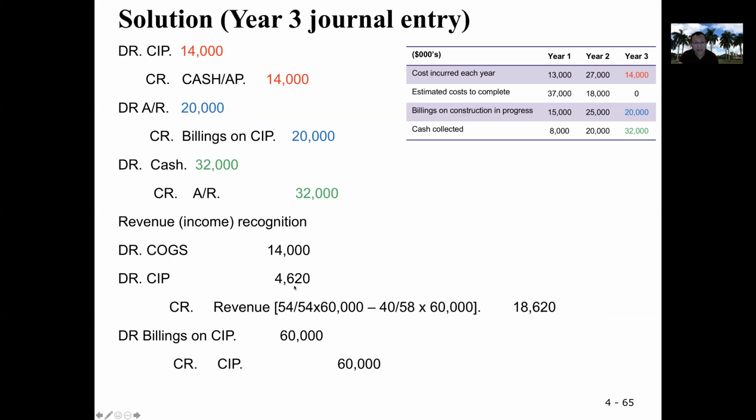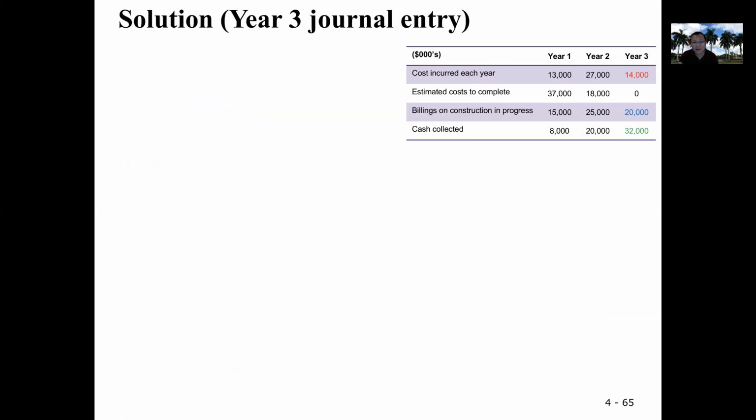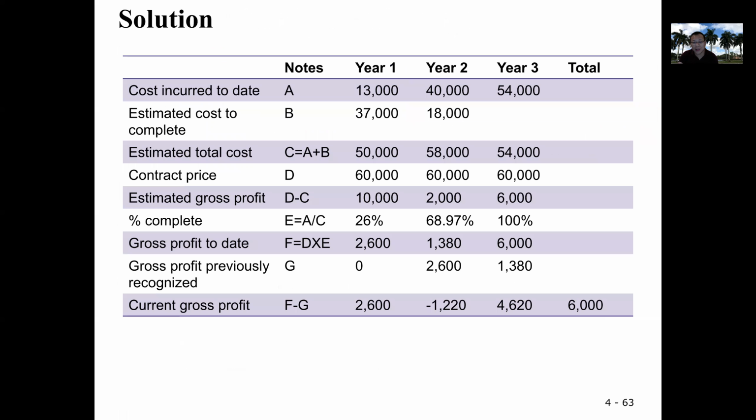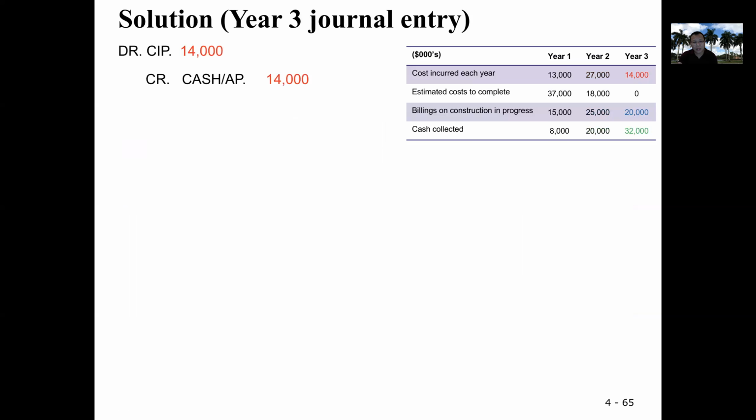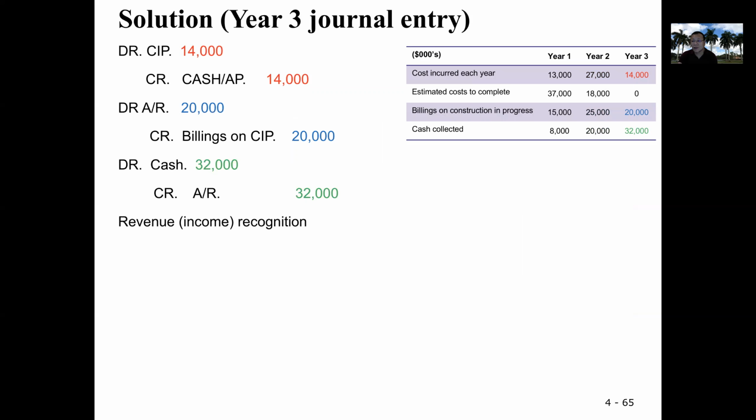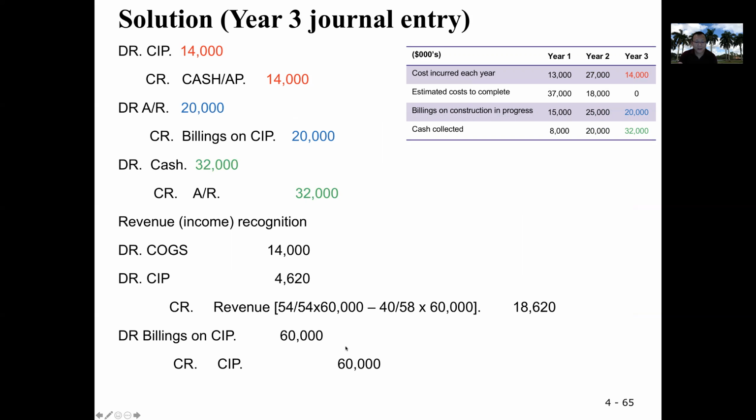And why do we have this number? Because in year 3, we have already figured out the gross profit is 4620. So don't forget phase 5, the completion of contract. So don't forget this entry.